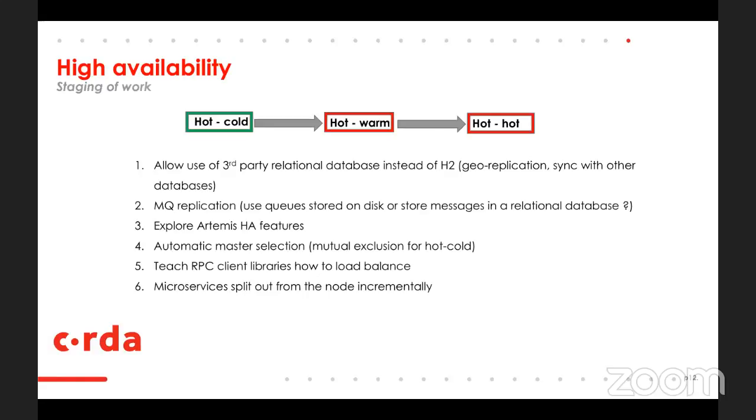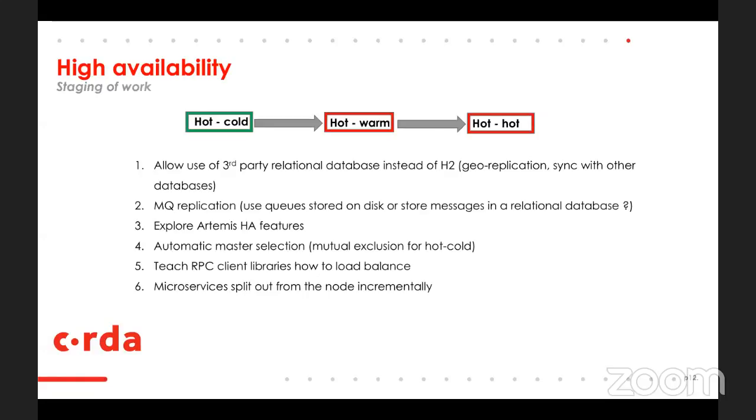Next is the step that we were exploring, the Artemis HA features. Artemis out of the box offers clusterization, data replication, and shared stores.